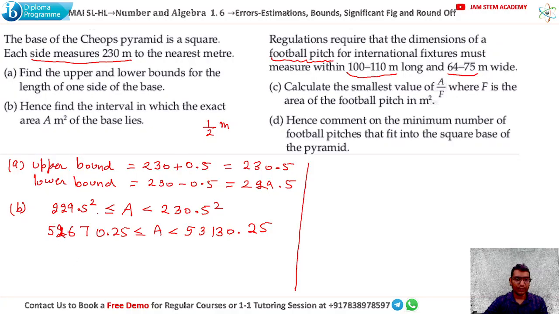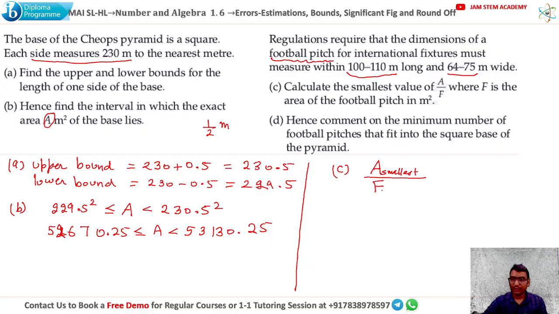Right? Here we already got the value of A. Now it says calculate the smallest value. For the smallest value, what do you have to do? Take some A and take some value of F. Remember, in order to get the smallest possible value, you need to take the smallest value of area of the pyramid, and divide it by the maximum value of the area of the football pitch.